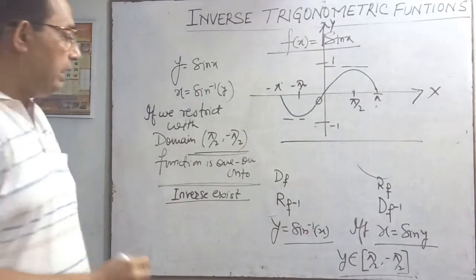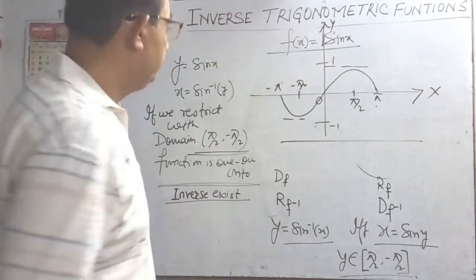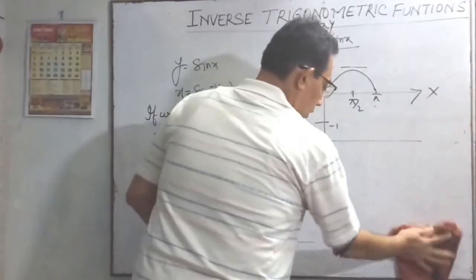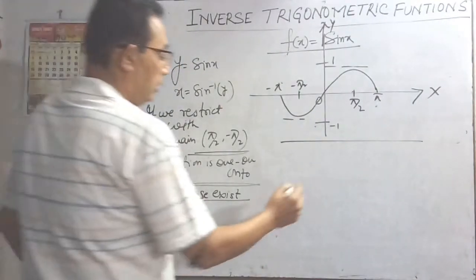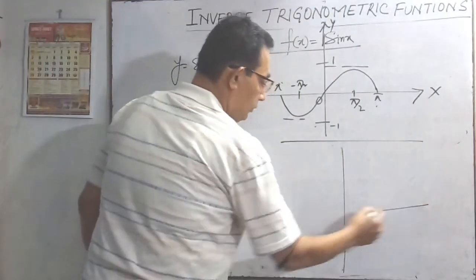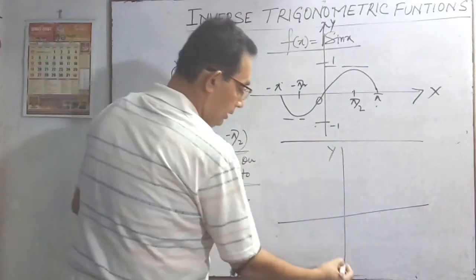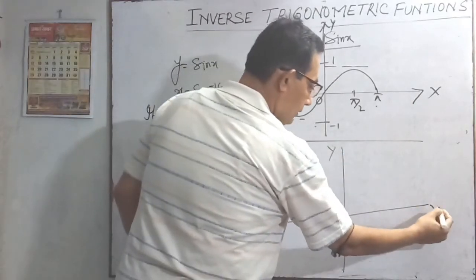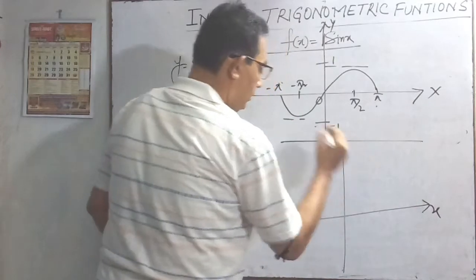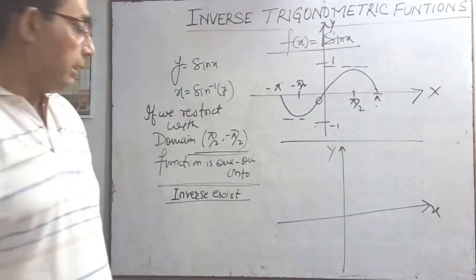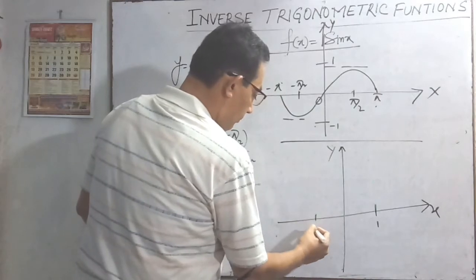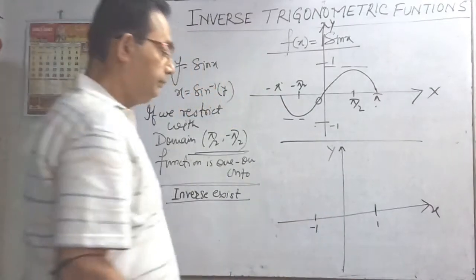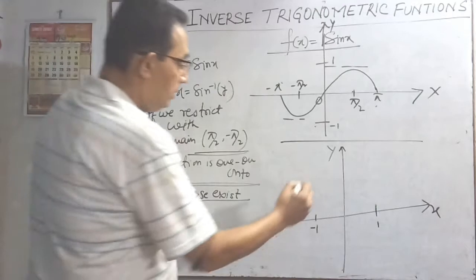Clear? For the inverse function, it is y, it is x. Clear? This is 1 and this is minus 1. Clear?